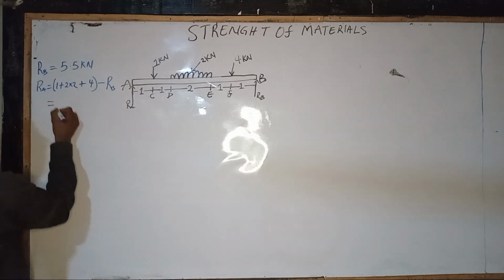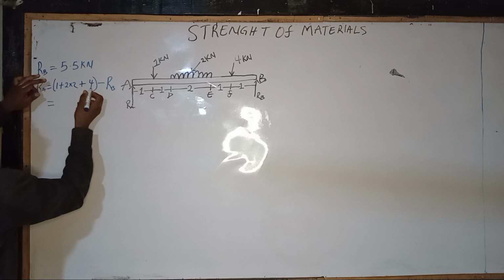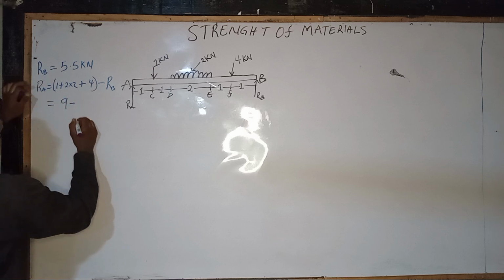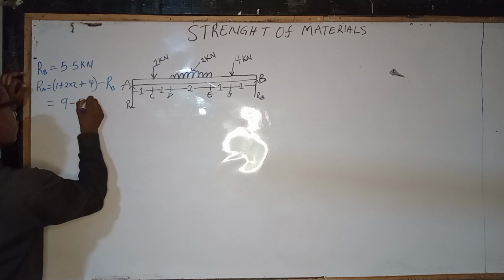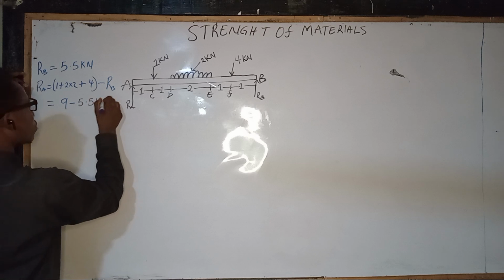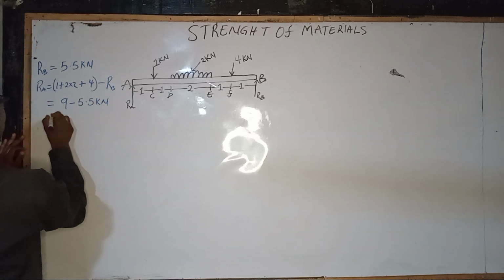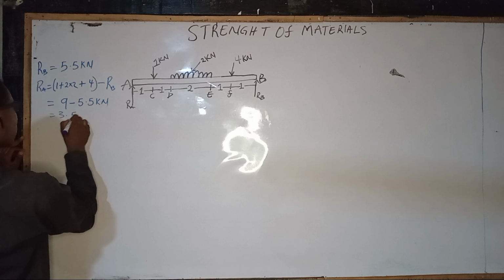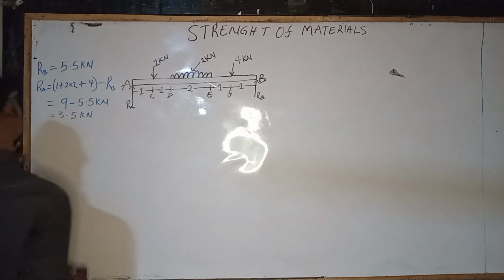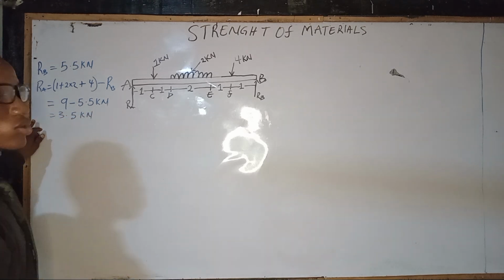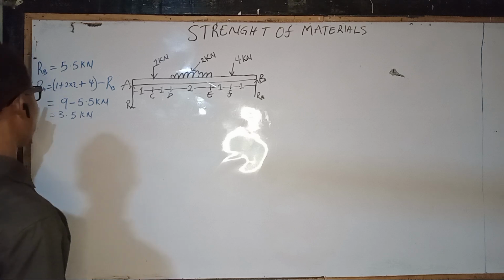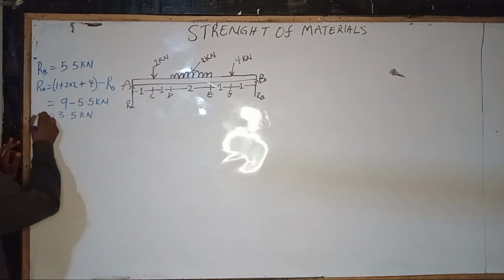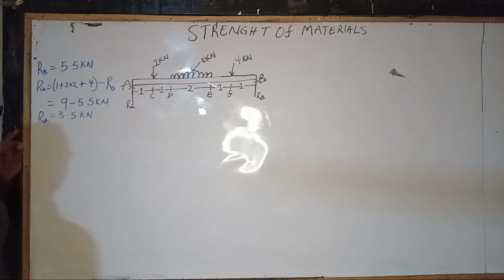So we have 1 plus 4 plus 4, that is 9, minus 5.5 kilonewton, which equals 3.5 kilonewton. That is our reaction at A. We have our reaction at B and our reaction at A.